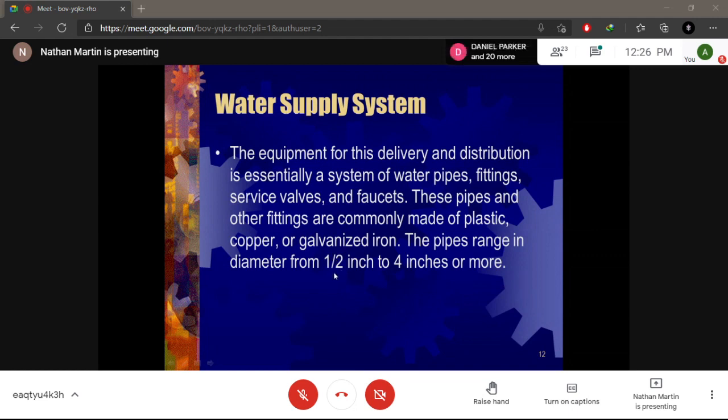If you were to bring in a small pipe and then tee off to many locations, then if more than one location is using the water at the same time, you would have a significant drop in pressure. While if the main was larger and you have smaller pipes teeing off to your utilization points, then the drop in pressure with simultaneous use would not be as significant, will be much smaller.